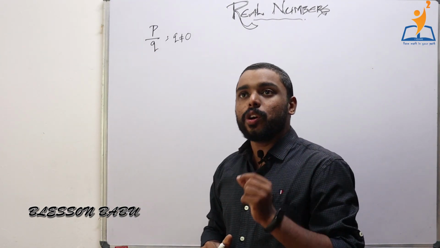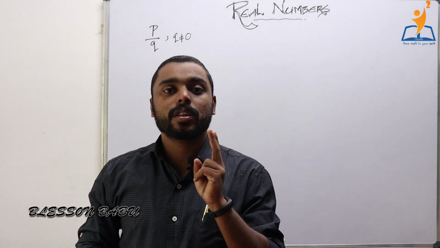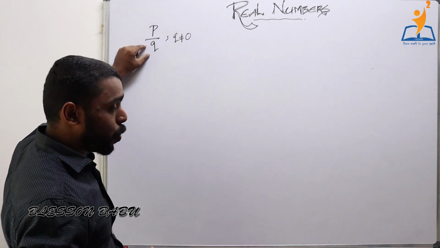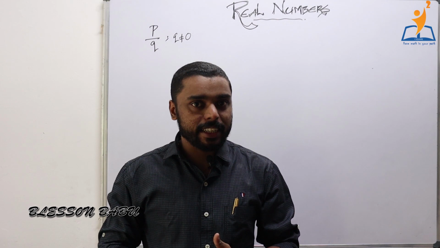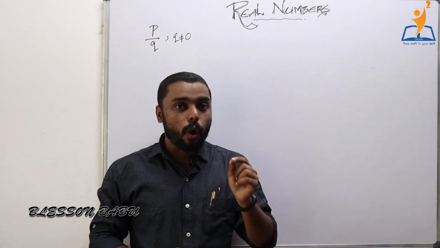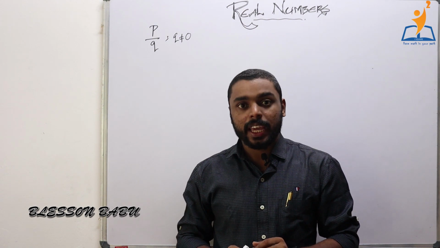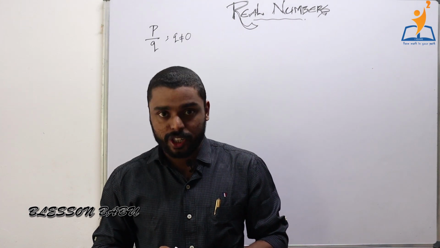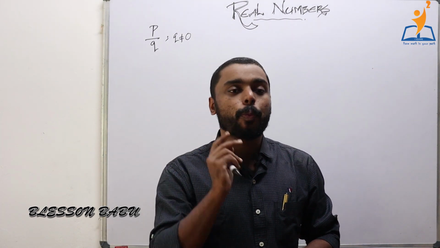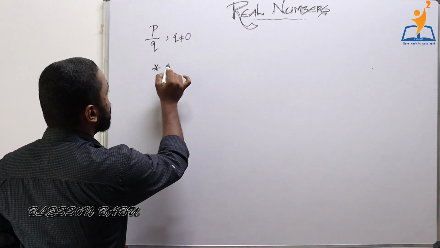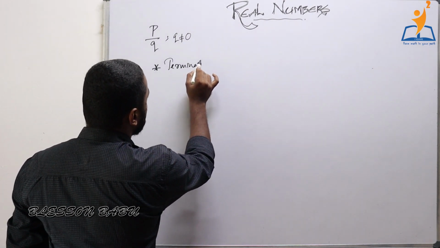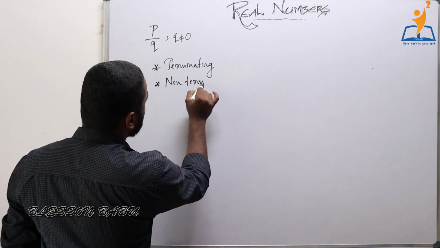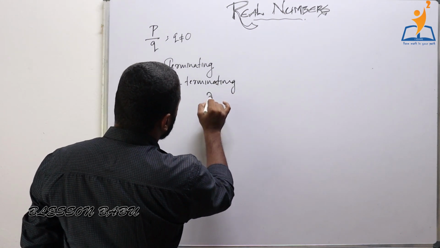We know that any rational number has two properties. When we divide p by q, either it can be a terminating number or it can be a non-terminating repeating number. If it is non-terminating, non-repeating, then it will be termed an irrational number. So a rational number has two possibilities: one is terminating, and the next one is non-terminating repeating.